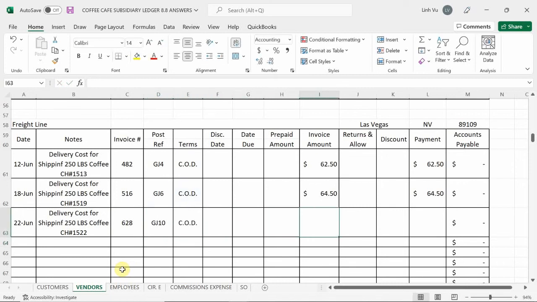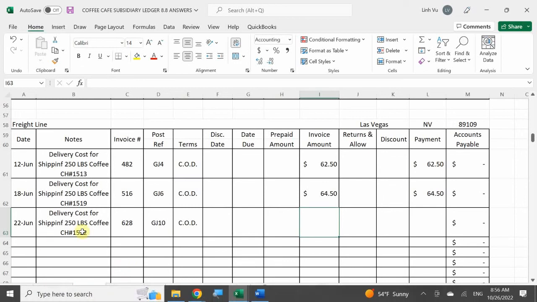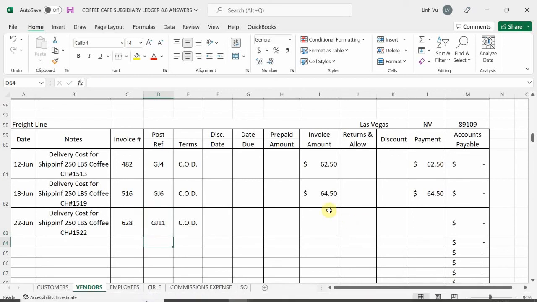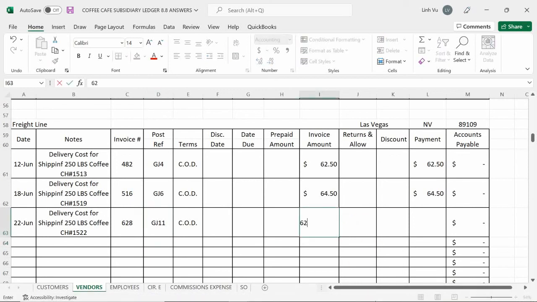Isn't that Journal 11? Yes. For how much? 62.50.